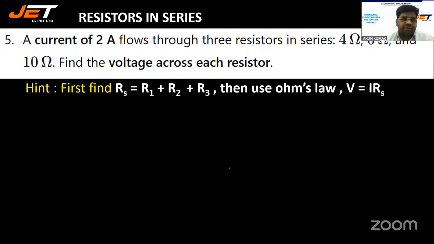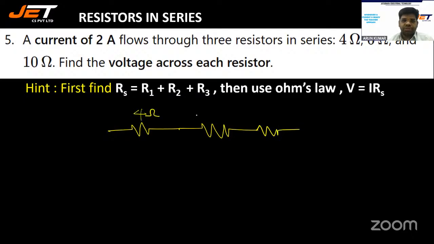All right. A current of 2 amperes flows through 3 resistors in series. Find the voltage across each resistor. So I have to find out the voltage drop across each resistor, students. Make the diagram till then, calculate and let me know the answer. This is R1, R2, R3. This is 4 ohms, 6 ohms, 10 ohms.